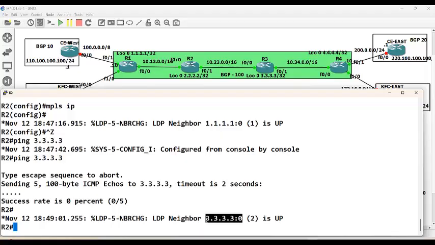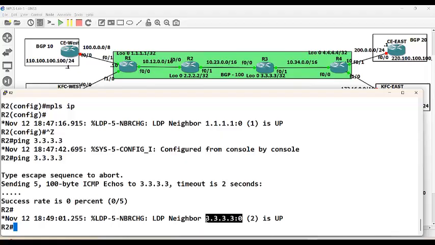Alright, and then what is the next step we did? We went to R1, BGP, and we said address family VPNv4 unicast. Under that, we said you have a neighbor called 4.4.4.4. For that neighbor, activate the VPN service.